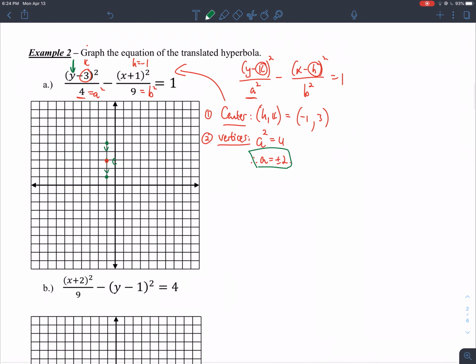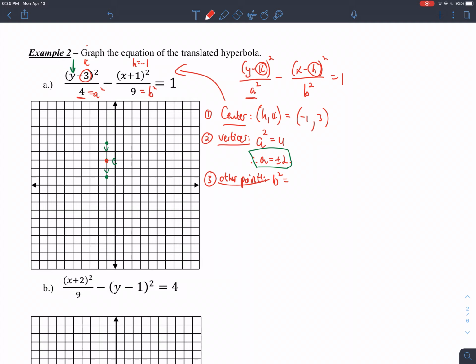And then number 3 would be to use b squared for the other points for your hyperbola to make the box to draw the asymptotes. This is not a covertex, I'm just calling them the other points that help you make the box to draw your asymptotes.